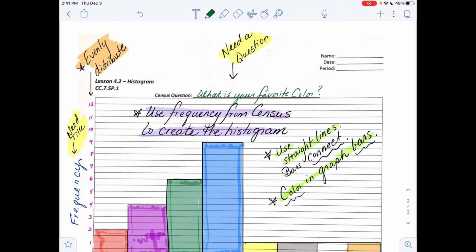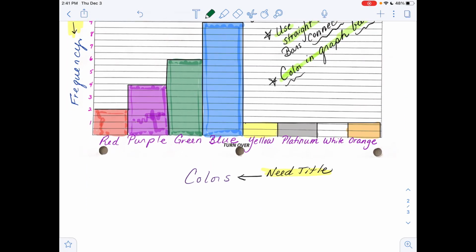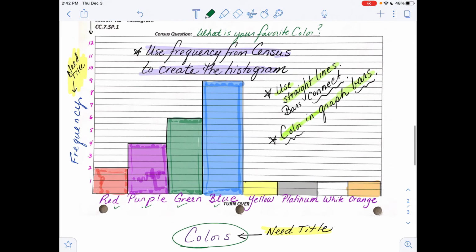So I have my question on there, and then at the bottom of my histogram, I have my titles. You remember those classes? I have the main title of the classes, which are colors. Notice I wrote down every single color from my group frequency table. Those are all the classes. Along the side, I have my frequency.